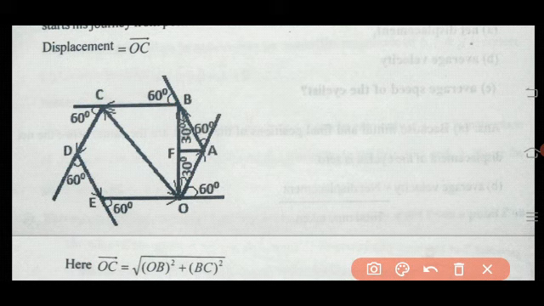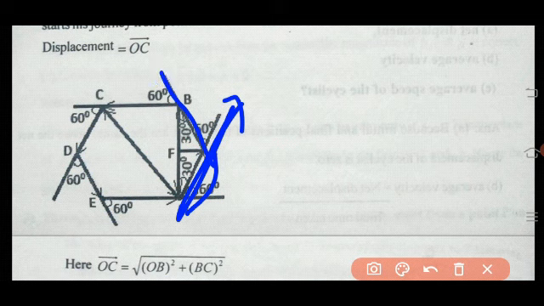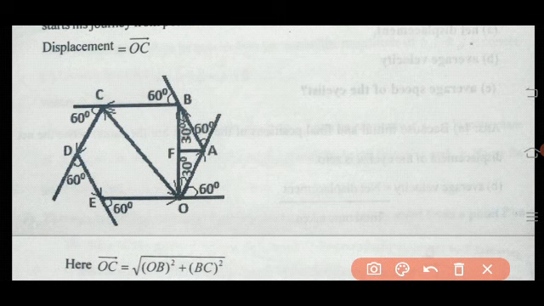So at A, instead of going in a straight line, he takes a 60 degree turn towards his left hand side. After traveling up to 500 meter, that is from A to B, what is the distance? 500 meter.